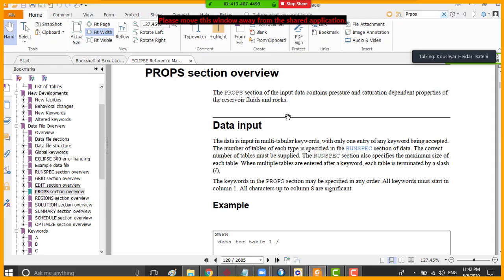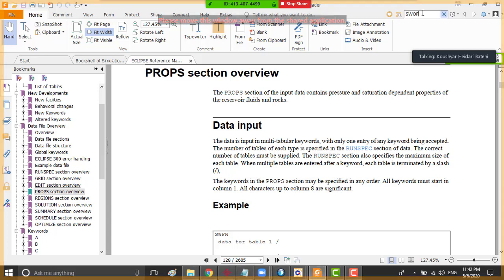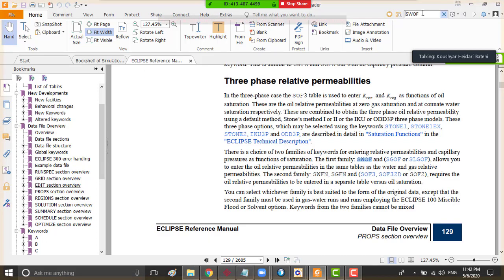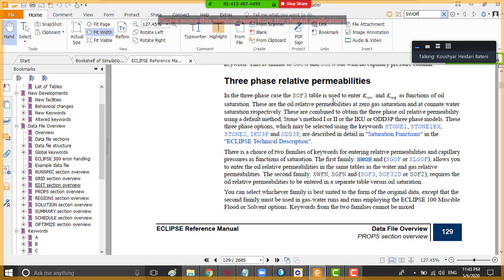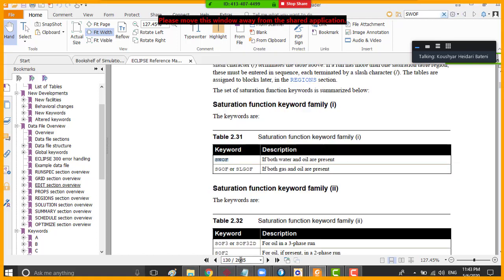Again, when we don't know the meaning of a keyword, imagine that you are on your own and you want to find out about a specific keyword. You go to the reference manual and use the search option, and you're going to find out about the keyword you are after.